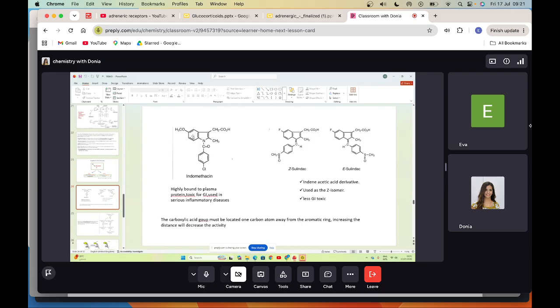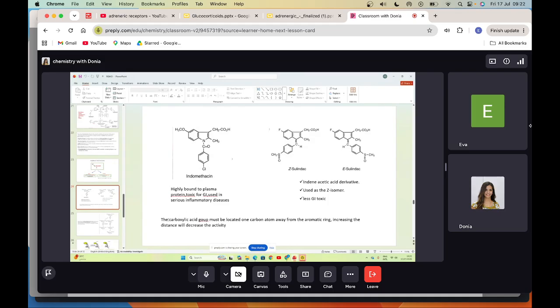Indomethacin is highly bound to plasma protein and it's toxic for the GIT, as we said, causing the dual insult effect. Is it clear? We said that there is one carbon spacer here. When they tried increasing the carbon spacer, they found that the activity decreased.